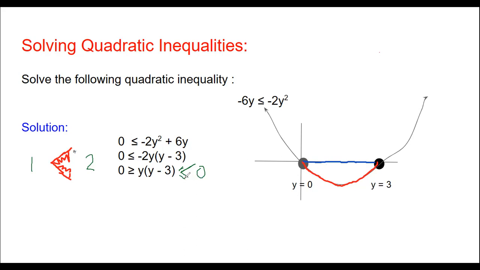Okay, we have the equal to sign. That means that y is equal to 0 is included in our data set, and y is equal to 3 is included. Okay, so you would have learned that in your set builder notation. So here we have y being greater than and equal to 0 because 0 is included.